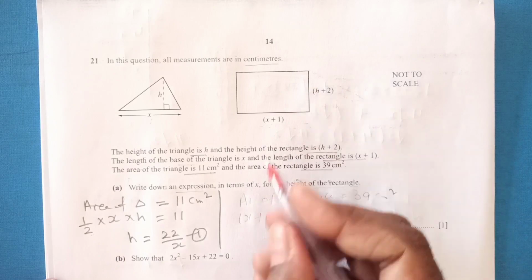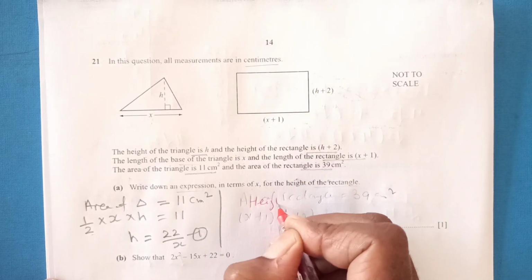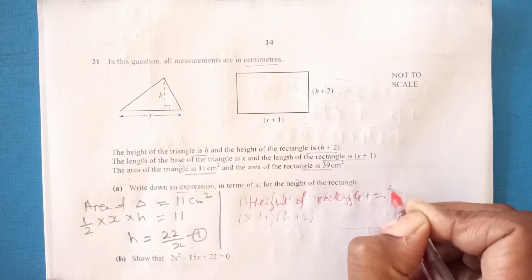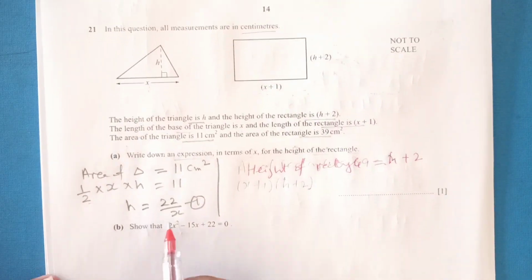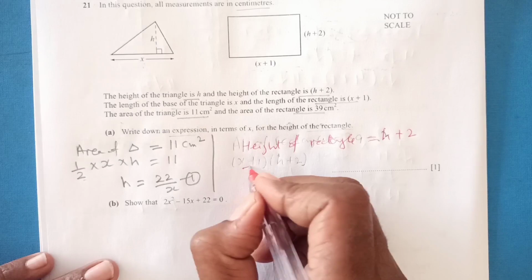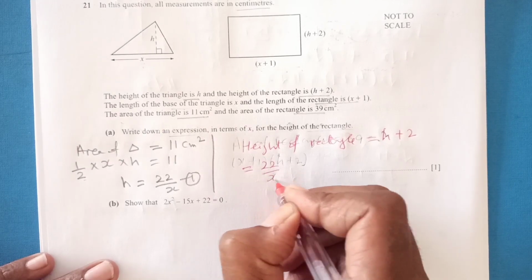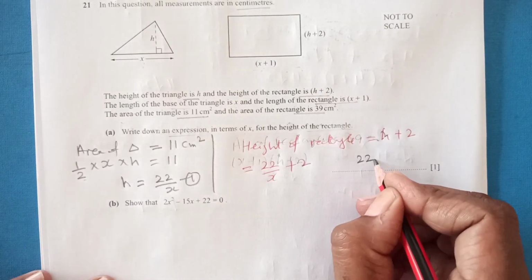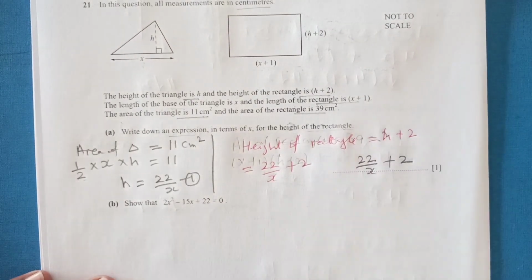So the height of the rectangle is h plus 2, and now h is 22 over x. So this will be 22 over x plus 2. So that is going to be our final answer, 22 over x plus 2, right?